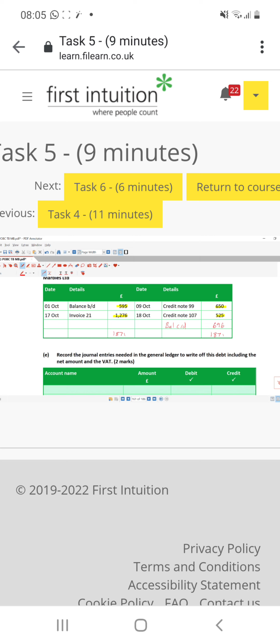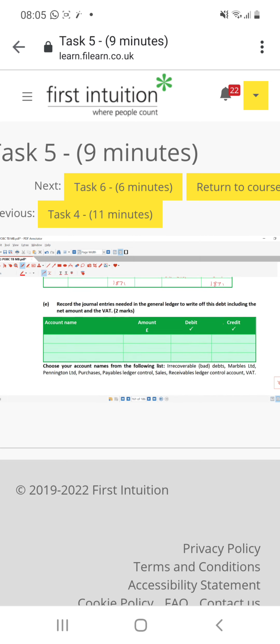And for my receivables ledger control account, it will be that 696, that total gross amount, that I will be crediting from it. That I will be removing from my receivables ledger. But what I want to show therefore is this bad debt expense, and this is where I have to separate out the bad debt and the VAT.